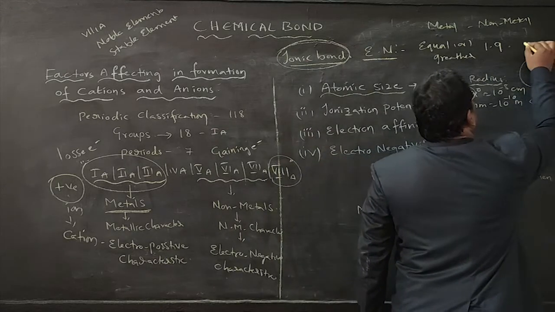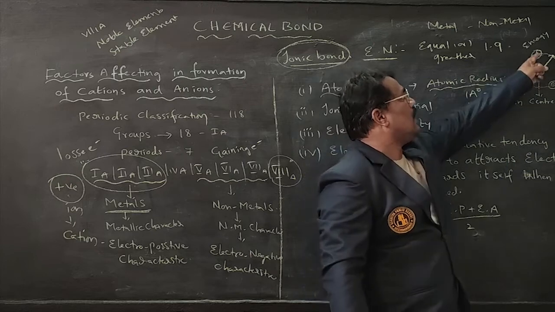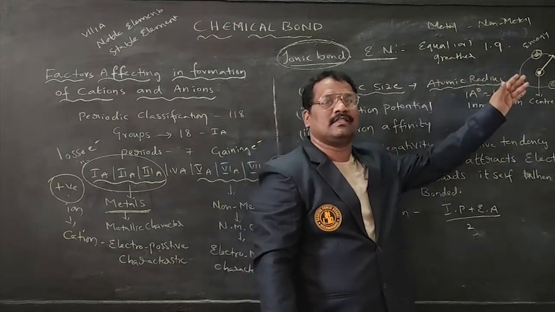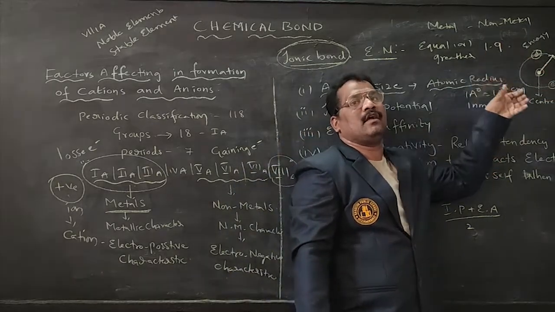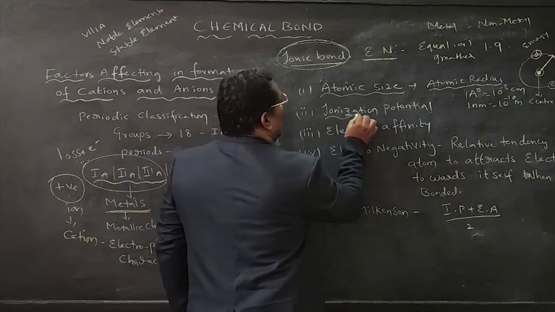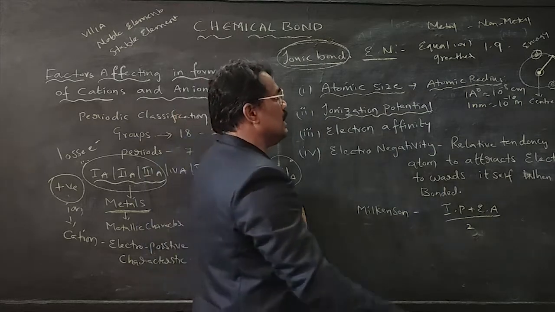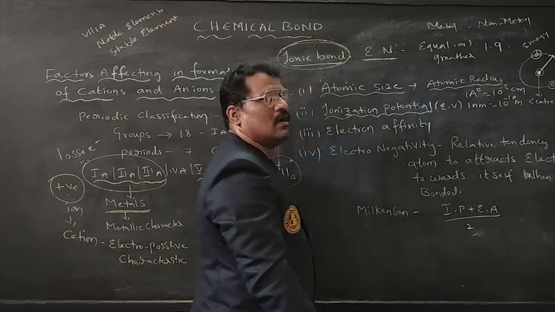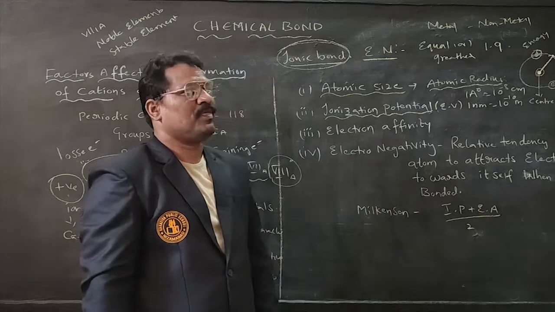The energy required to remove an electron from the valency shell is called as ionization potential. It can be measured with electron volt or kilojoule per mole.